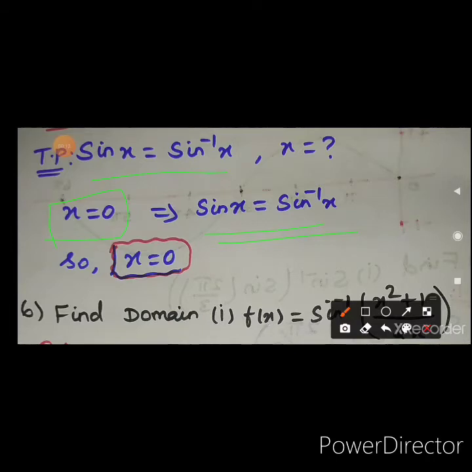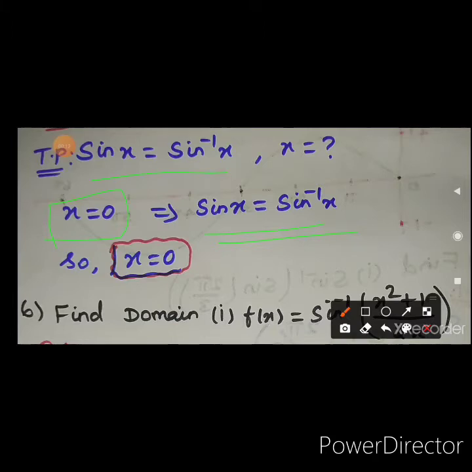The value x square plus 1 by 2x must lie in minus 1 to 1. Now we have to split the interval, minus 1 to x square something, and x square something to positive 1.